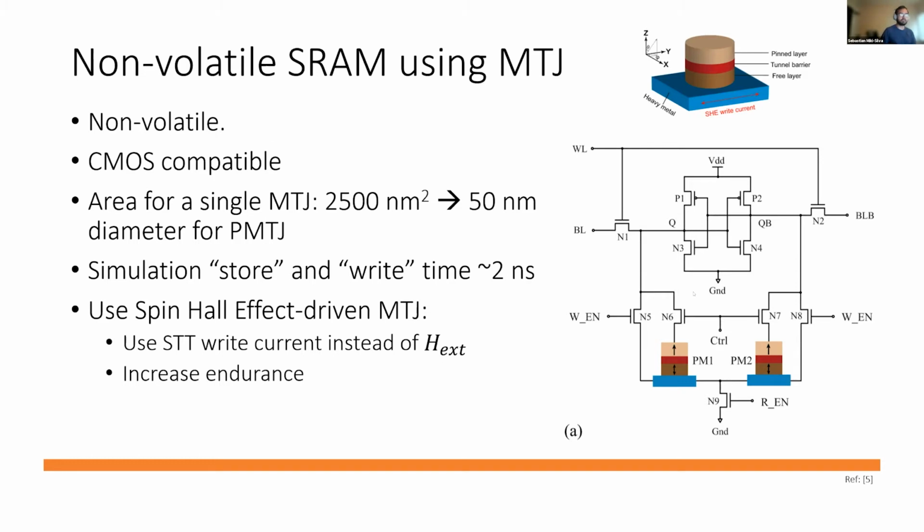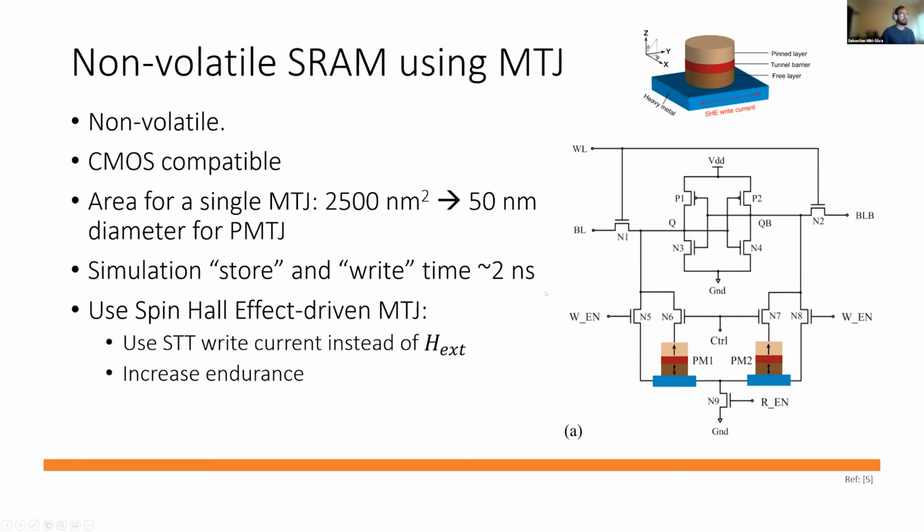Also in this specific paper, they implemented it on CMOS logic, so it is CMOS compatible. They listed an area for the MTJ alone, a diameter of 50 nanometers per MTJ, but this is on top of the SRAM chip. So we also have the area of the actual SRAM chip.